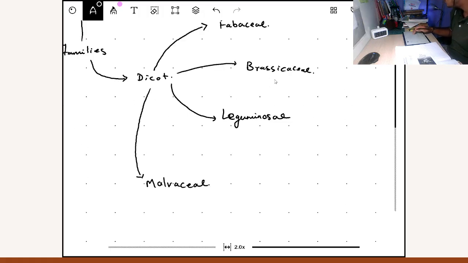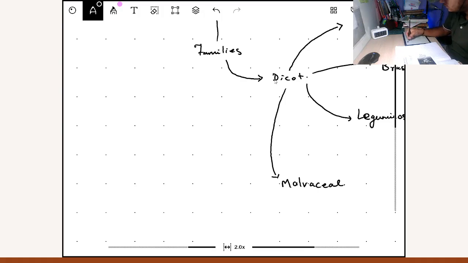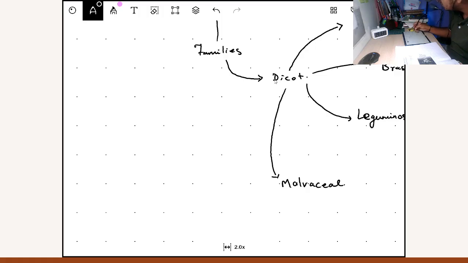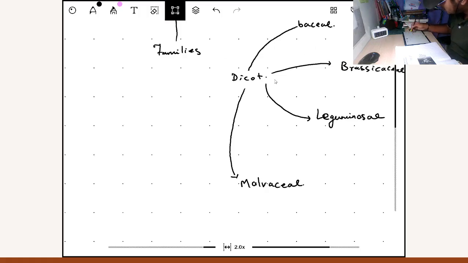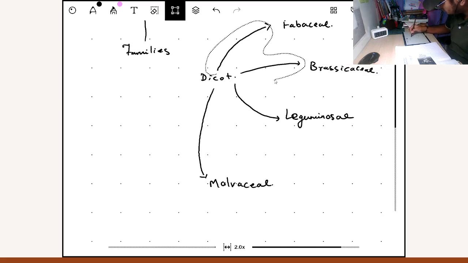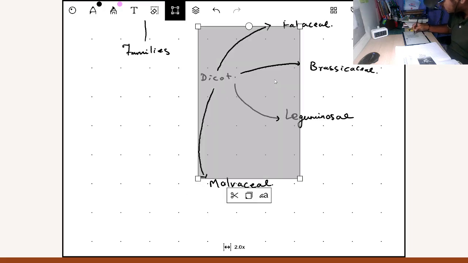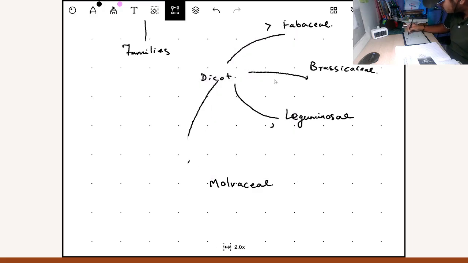I need to keep checking PYQs because if I don't do that, then I might miss out on stuff which I really do not want to miss. And if Fabaceae, Brassicaceae, Asteraceae, Malvaceae, all of this should move very quickly. Yes.